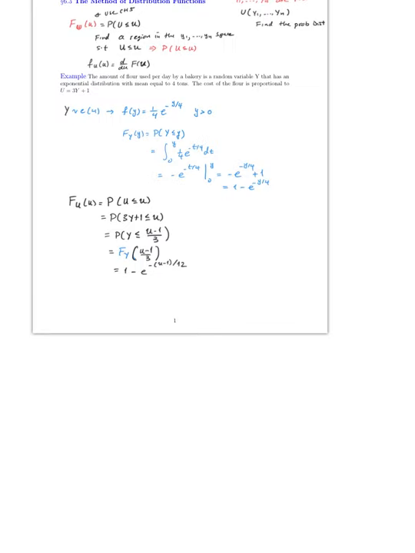And hence, what we really want, the probability density function of U, is the derivative of the distribution function. In this case, this will be 1 over 12 e to the minus (u minus 1) over 12.